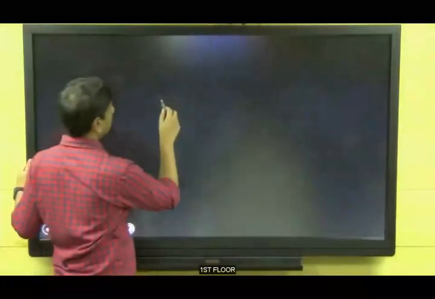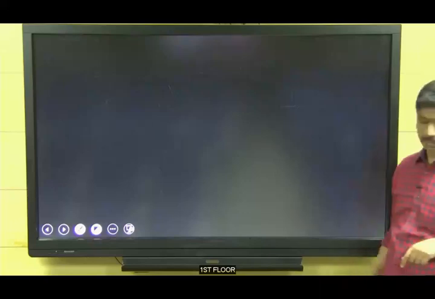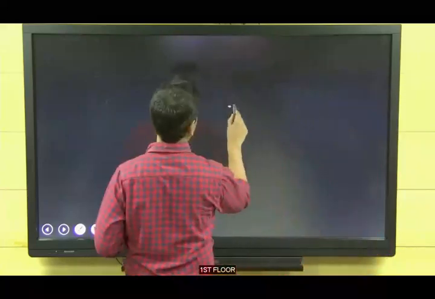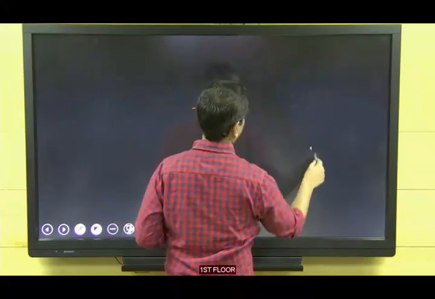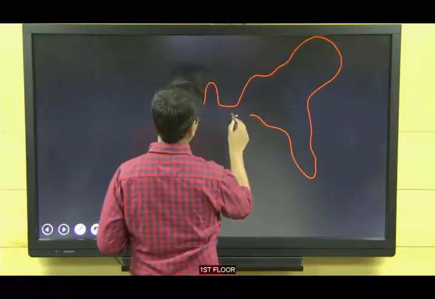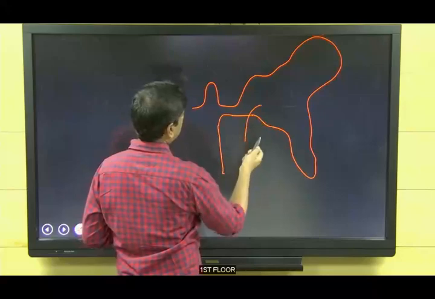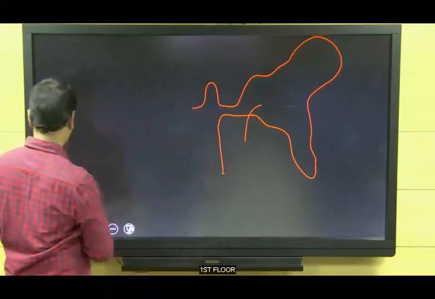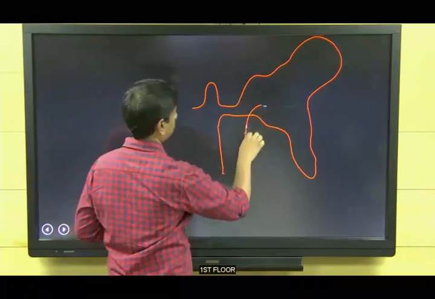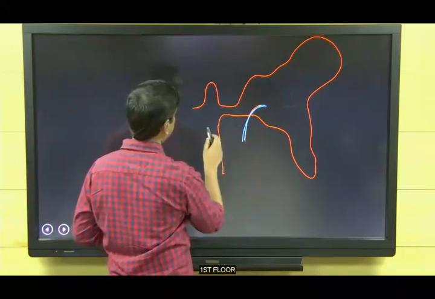So what happened in Bangladesh? Brahmaputra goes and falls into, once it enters Bangladesh, it is known as Jamuna. Okay. Once it enters into Bangladesh, it is known as Jamuna. Brahmaputra is called as Jamuna.